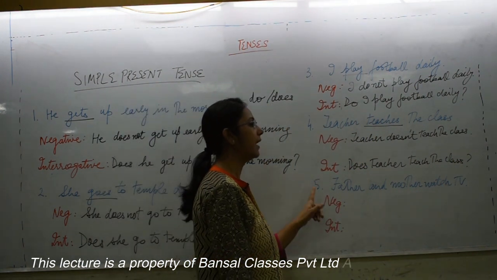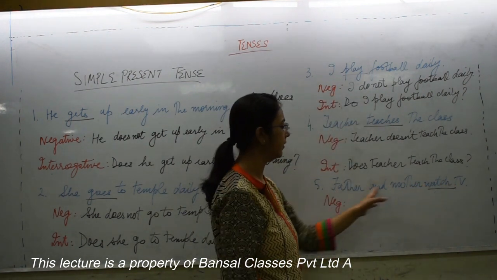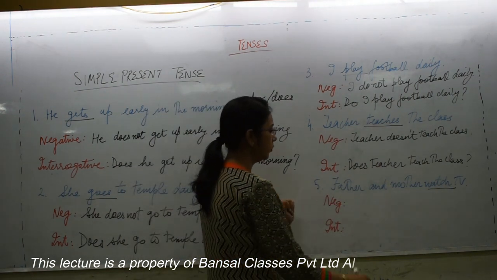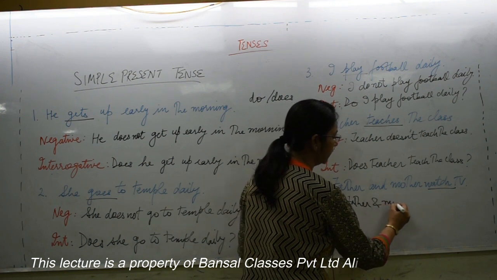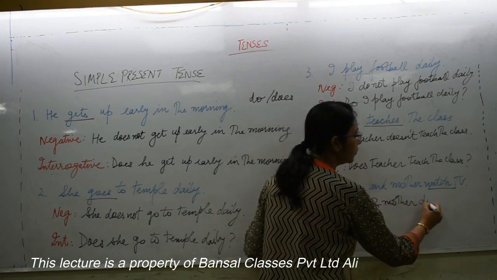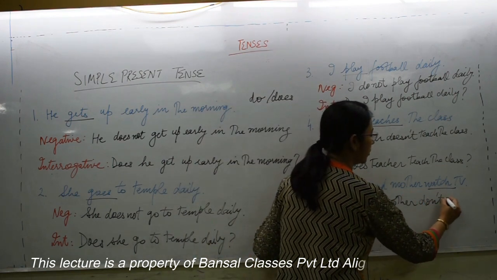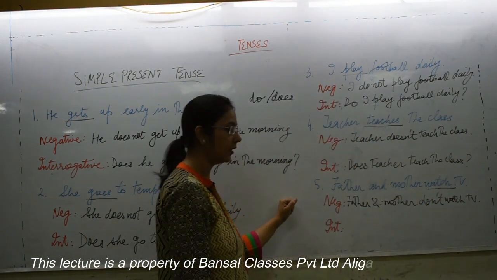Now, father and mother watch TV. They have become a single entity, father and mother, so watch. Negative would be father and mother, we will make use of do, so, don't watch TV. Okay.